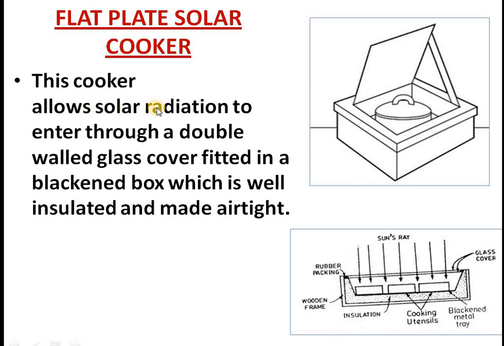Solar energy enters through the double-walled glass door. This is a double wall, not a single one, and the spacing between the double wall is vacuum, so that heat energy will not be reflected back.